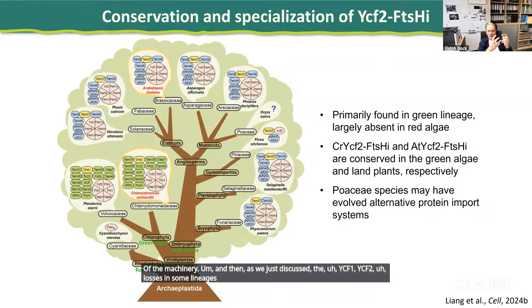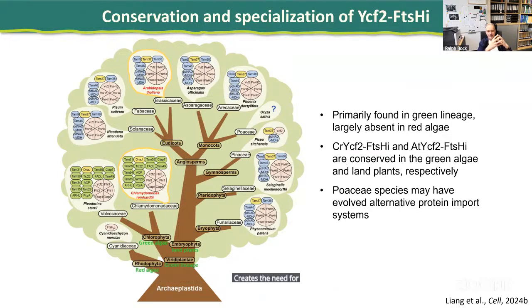So why is that? Why is the whole system not as conserved as other large molecular machineries like the mitochondrial protein import or the ribosome? What makes the chloroplast protein import machinery so special and creates the need for this evolutionary flexibility?